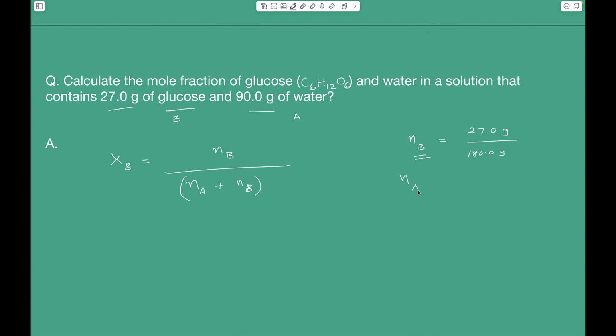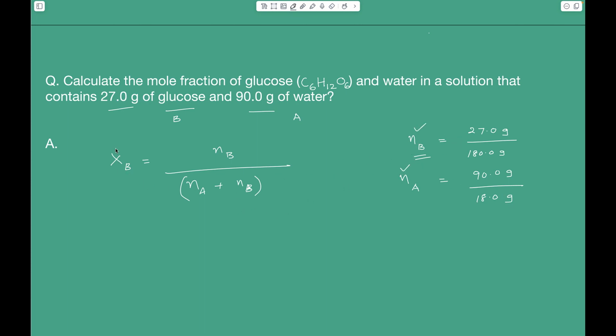Then what is the number of moles of water? We are given the mass of water present in the solution. So divide the given mass with the relative molecular mass of water expressed in grams, that is 18 grams. Now you know Na and Nb.